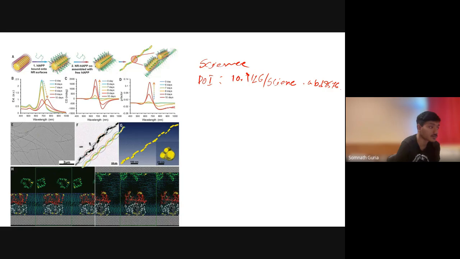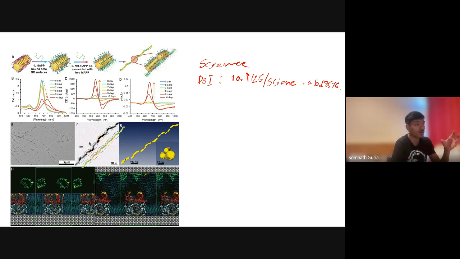They find that some CD diminishing in the region of 600 nanometer to 1000 nanometer, and the peak shifts towards the more and more negative, more red region.